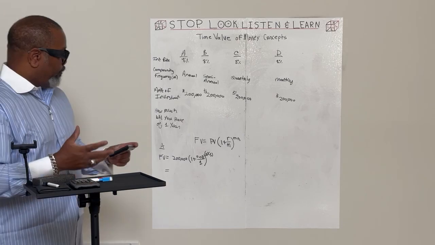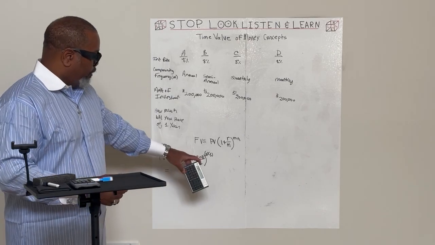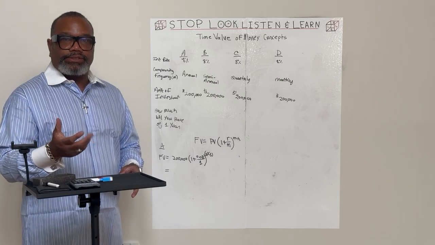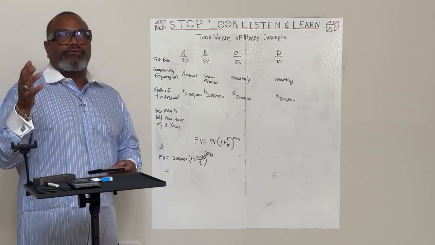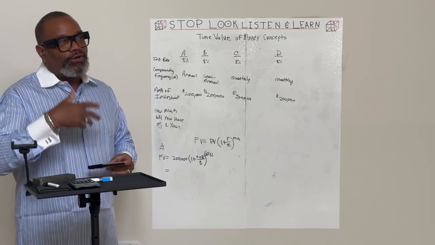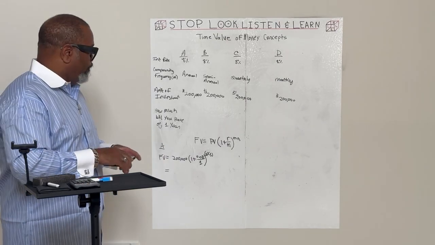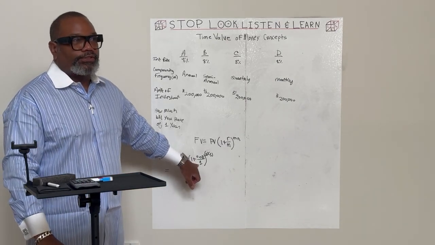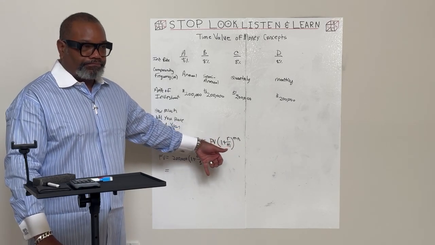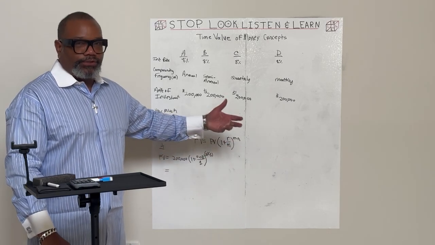So what you would do is you would do the inside first. You want to follow the order of operations. You may recall the acronym PEMDAS from grade school, which stands for: you do what's in parentheses first, then exponents, then multiplication, then division, then addition and subtraction.